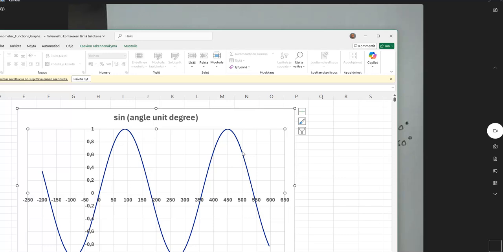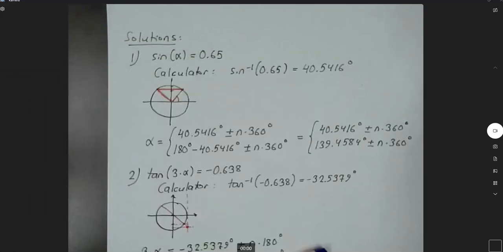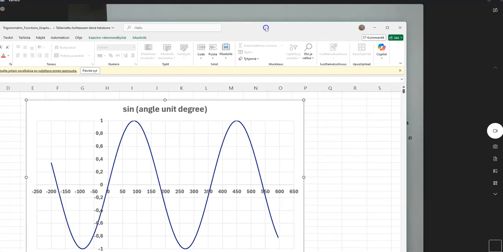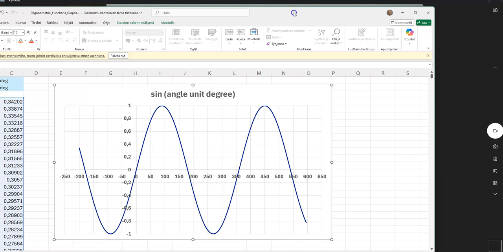It is about 500 degrees in this picture, and the other solution here is about 140 degrees, and if we add 360 degrees, that will give us about 500 degrees. So this picture gives us quite a good view that our solution probably is good enough.